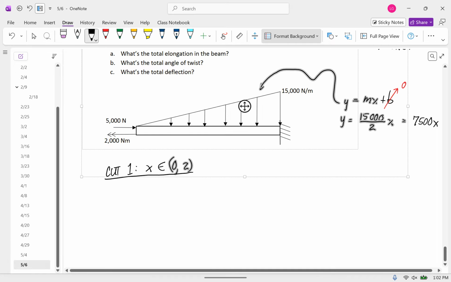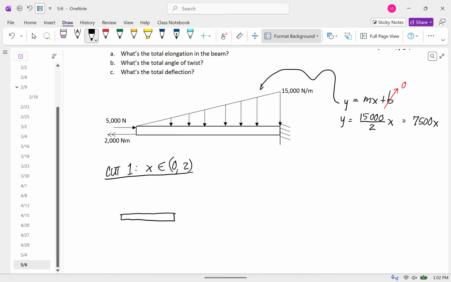Okay, so now I'm going to do my cut. And it has part of this distributed load, but it doesn't go all the way to 15,000. It only goes up to a height of 7,500x, because this is x.